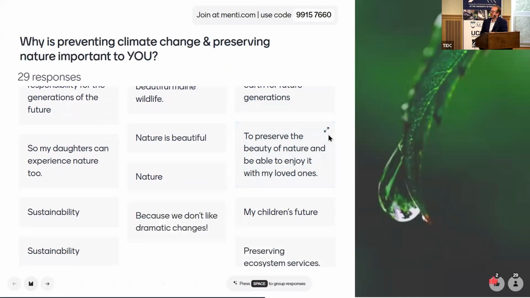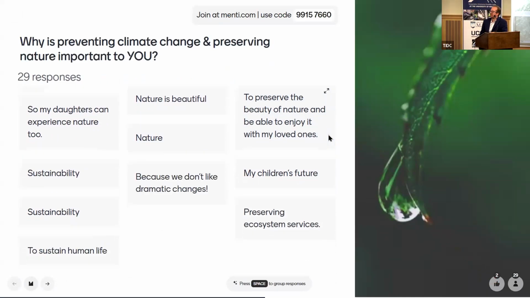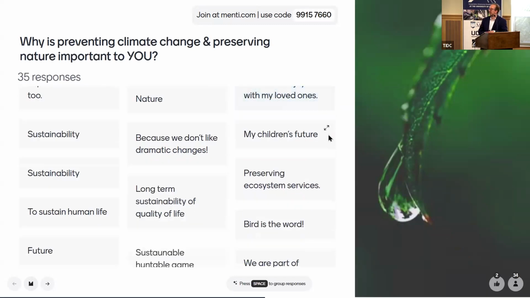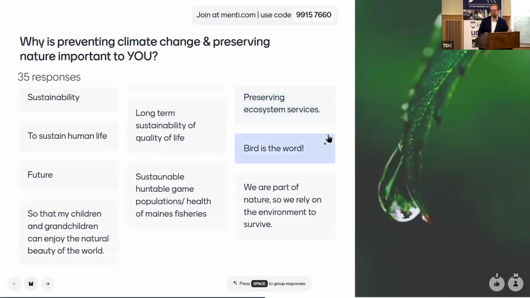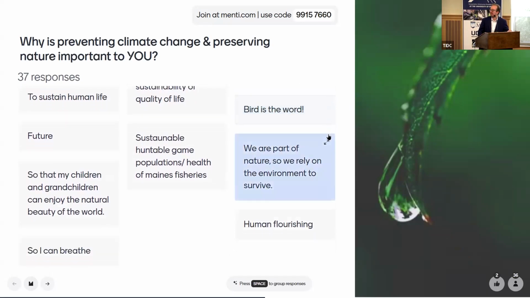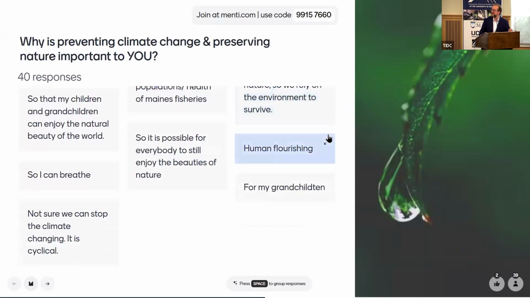Yeah, keep them coming. This will be around so you can look at what the people around you are thinking about. So yeah, we need to flourish as society. All right, these are really great reasons. So thanks everyone for kind of grounding us in this understanding. We can switch back to the slides.